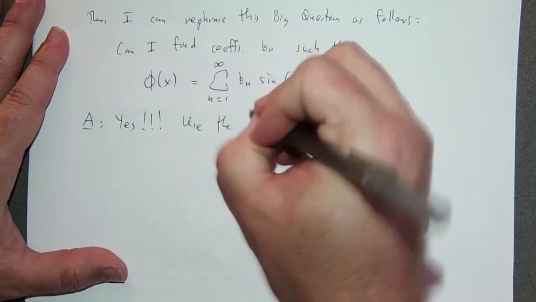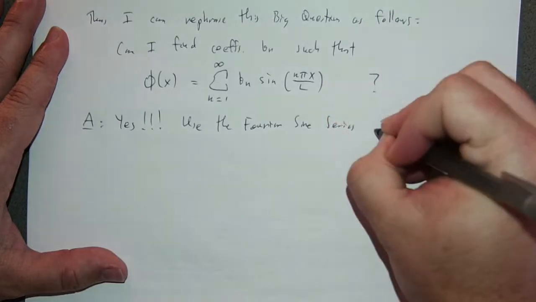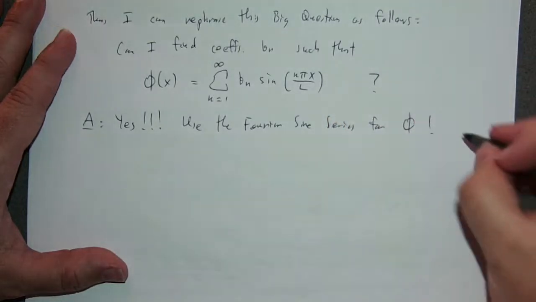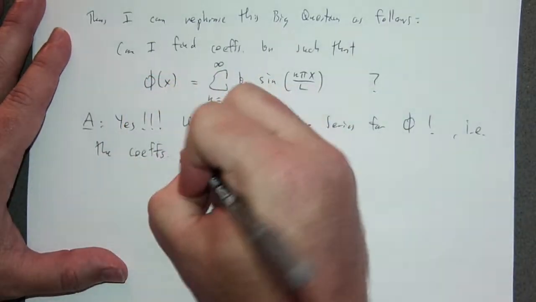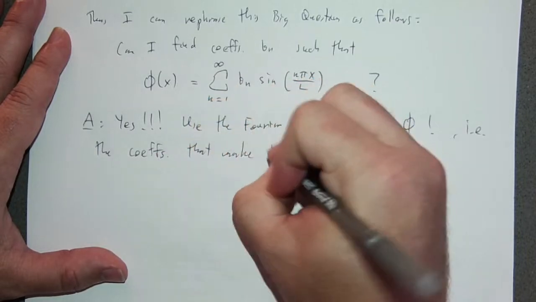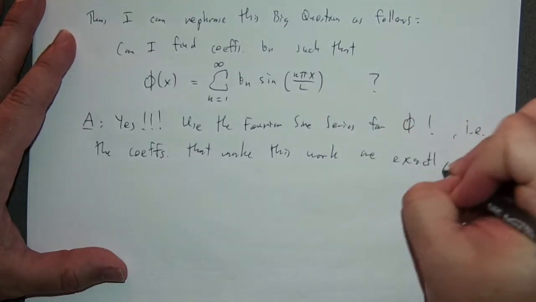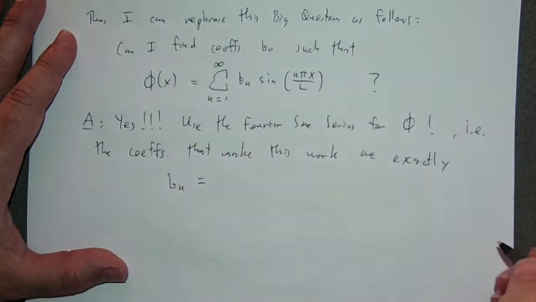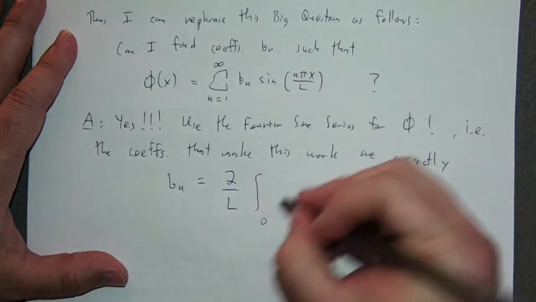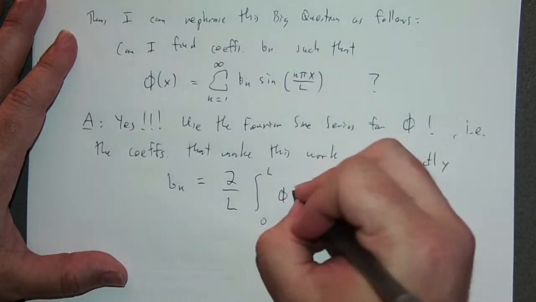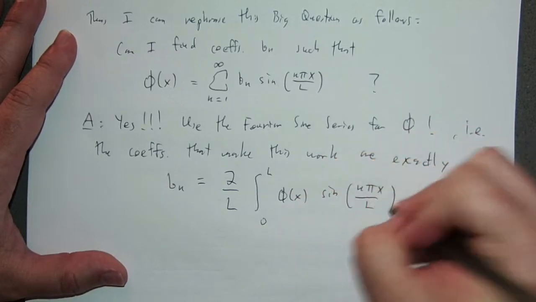Use the Fourier sine series for phi, i.e., the coefficients that make this work are exactly b sub n, which is 2 over L times the integral from 0 to L of phi of x sine of n pi x over L dx.